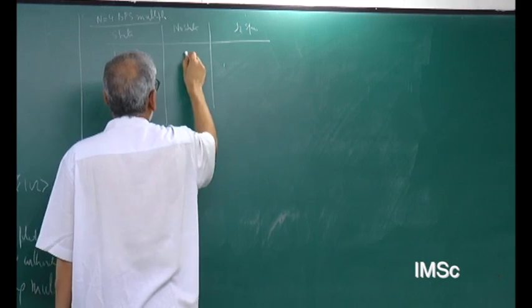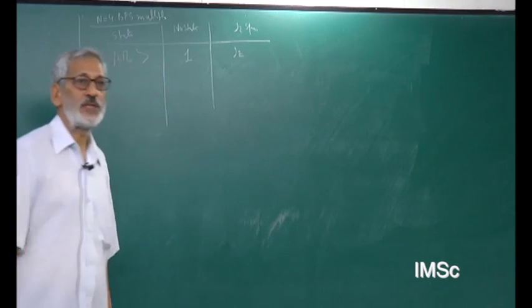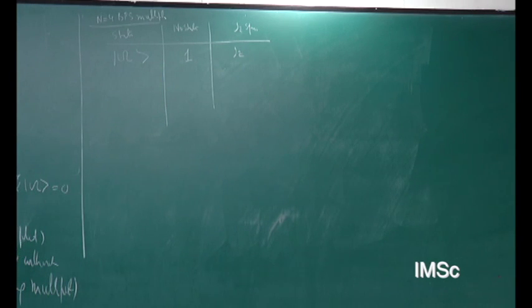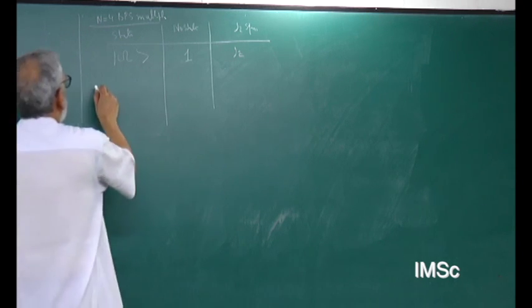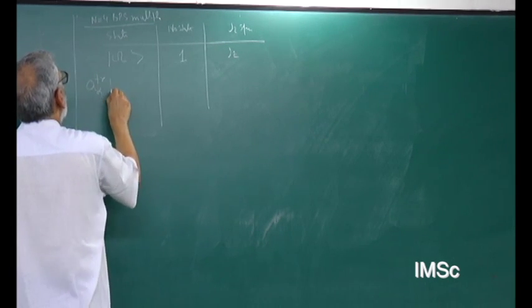Vacuum state, 1 is only one of them, and give it a JZ value, some JZ, which could be Bose or Fermi. And apply 1 A alpha dagger R on this.